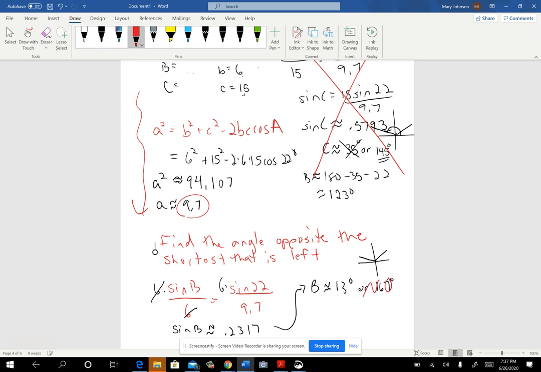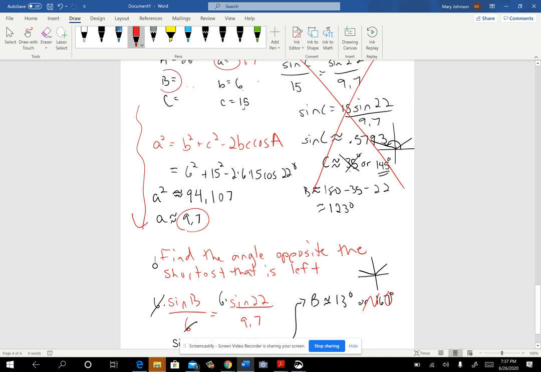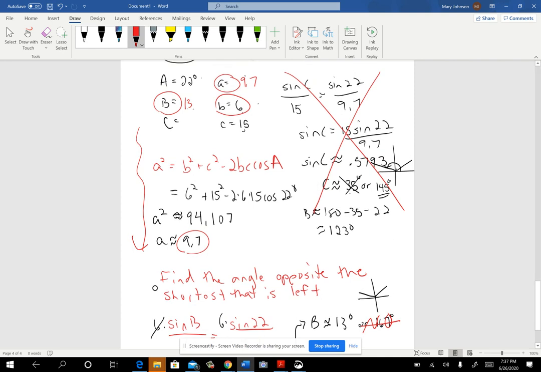Okay, B is the angle opposite the shortest side. It cannot be obtuse, so I don't have to consider the obtuse angle. I know this would have to be the 13, and then I would take the 22 plus the 13, subtract it from 180, and I would get the 145 that way. And so I'd never have the issue of having to make that decision.